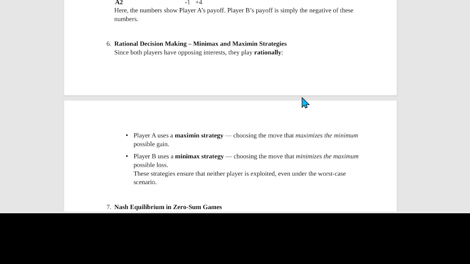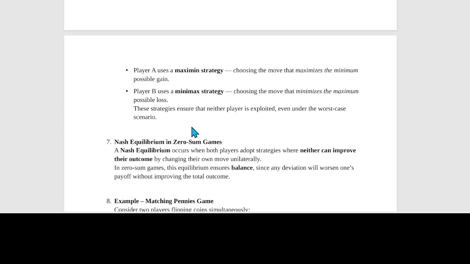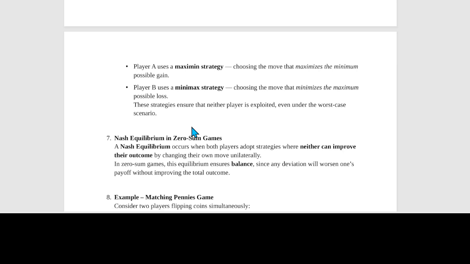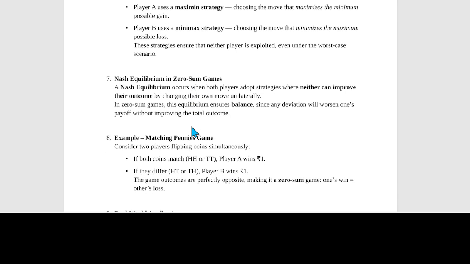Okay, ठीक है। So these strategies ensure that neither player is exploited even under the worst case scenario. ठीक है, so nobody gets tricked or beaten badly. You have to consider everybody in the game. Now there's Nash equilibrium. If you don't know what Nash equilibrium is, this is when both players choose a plan where, now there are two conditions for a Nash equilibrium to occur.